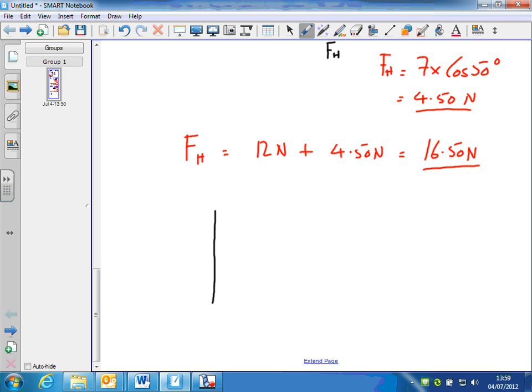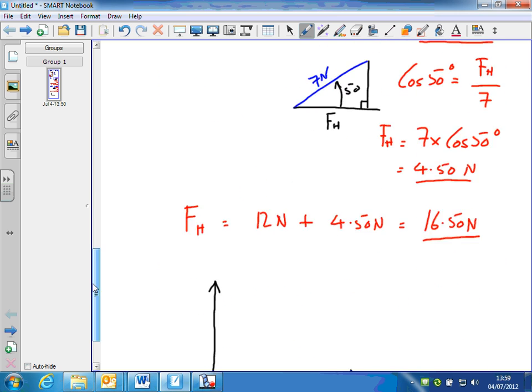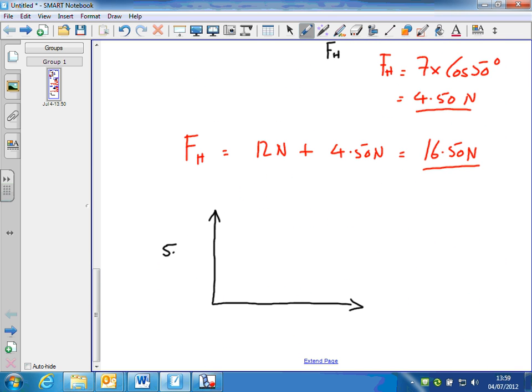So now we can write our right angle triangle. We've got a total vertical component and a total horizontal component. So the total vertical component is 5.36. The total horizontal component is 16.50. And so we can now write our resultant in, which is this line here.